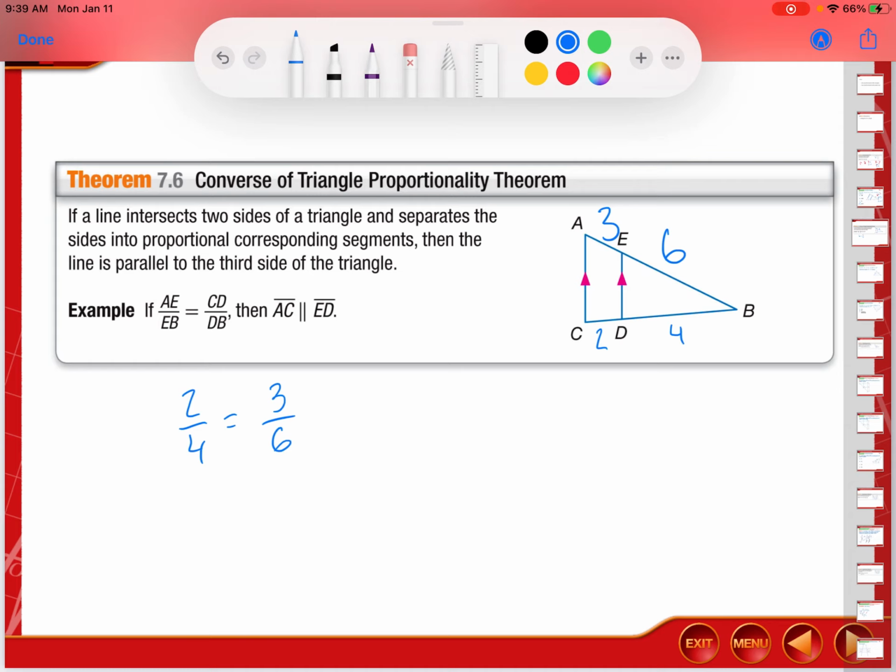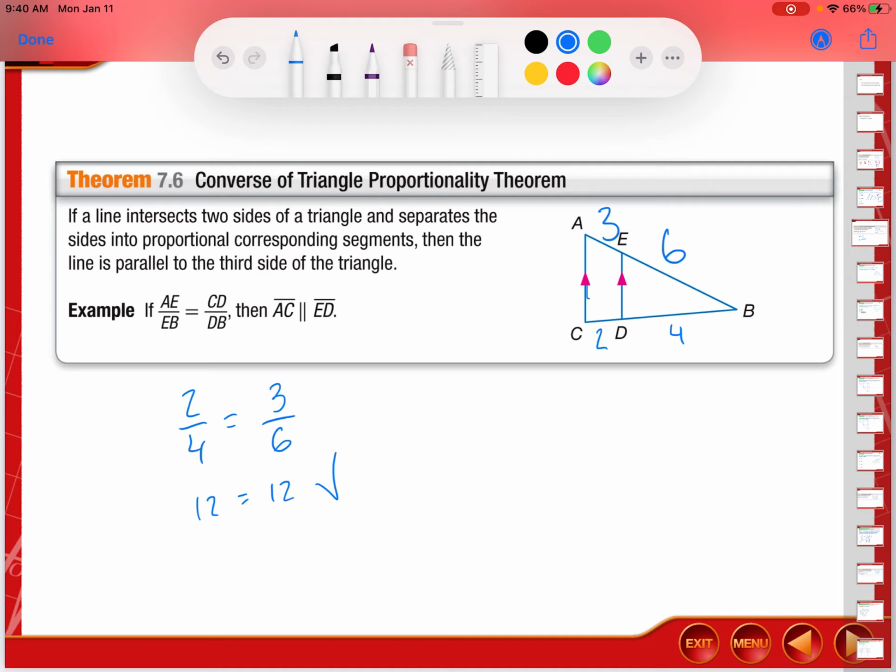Then we cross multiply and we get 12 equals 12, which checks out. That's perfect. So 12 does equal 12, so it's an accurate proportion, which means that these lines are parallel.